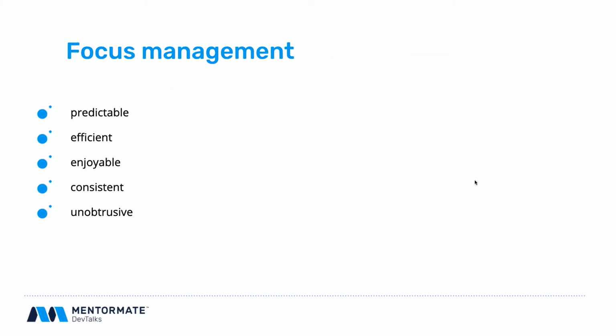One of the more important aspects of accessibility in general, not just for blind users, is focus management. We have 5 key points here, and these 5 key points revolve around an effective user interface that you could build. We have predictable focus management.